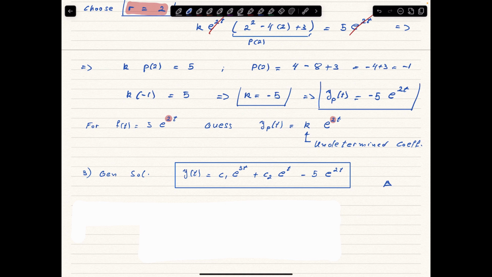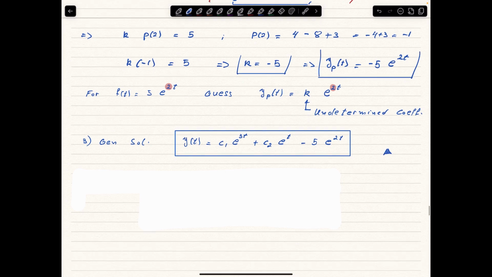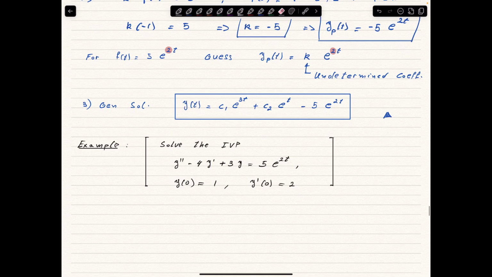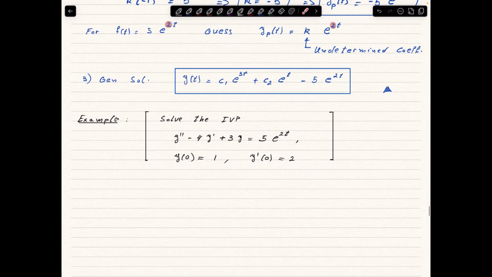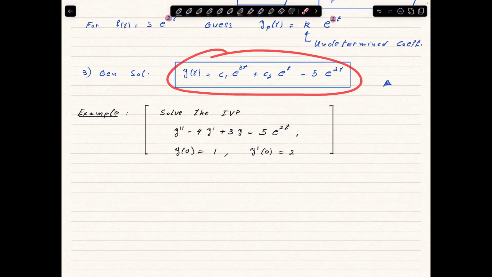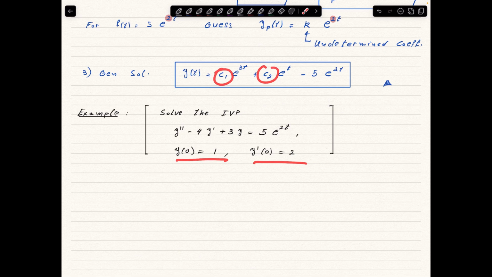What happens if we have an initial value problem? Suppose we have the same equation with the same source, everything the same, but we need to find the solution of an initial value problem. Well, we find the general solution and then we use the initial conditions to get the constants. Now, for the formula for the constants, we need to be careful because we have this extra term. So let's see how this is done.